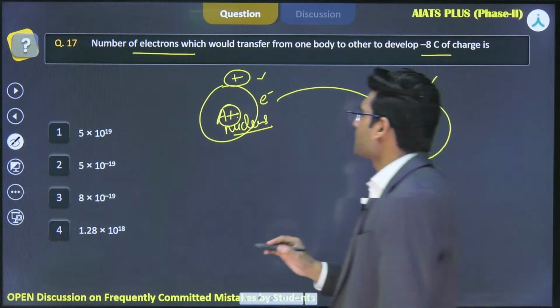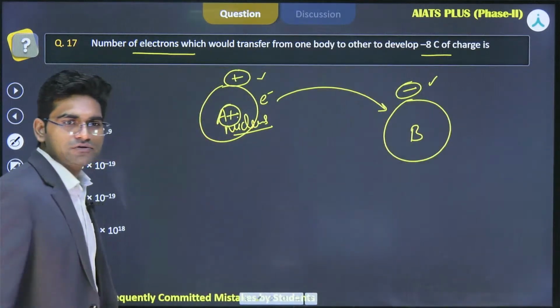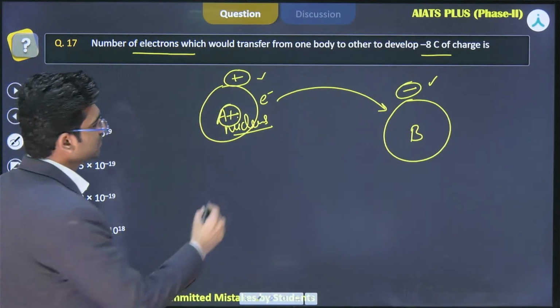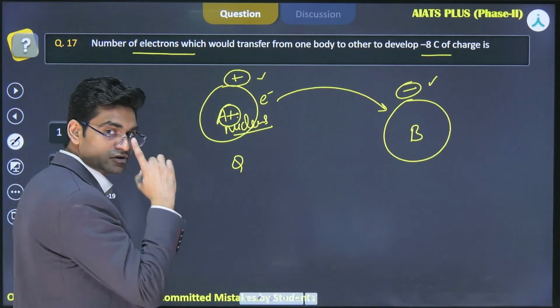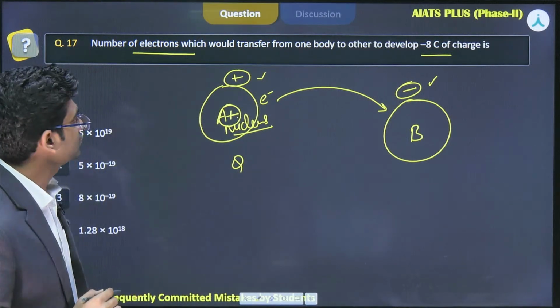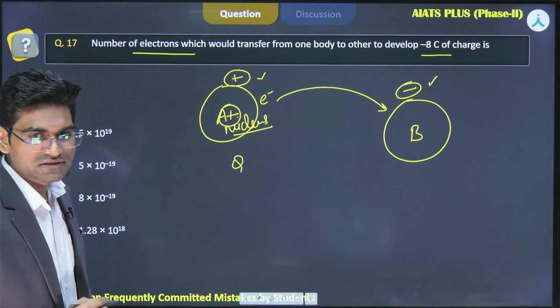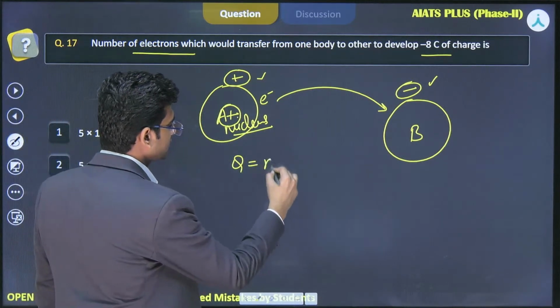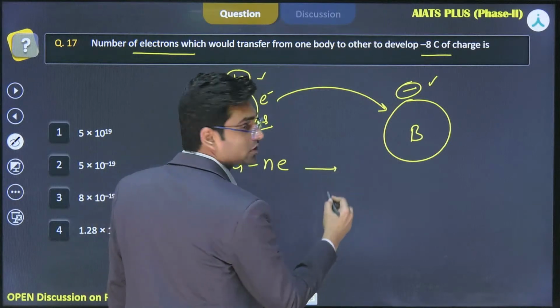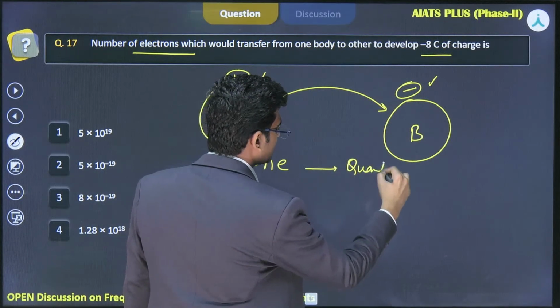Okay. Now, which equation are we going to use in this? Tell me the name of the equation or the property of charge which we can use to solve this kind of question. This is Q is equal to NE. Okay, and this equation is from quantization of charge.